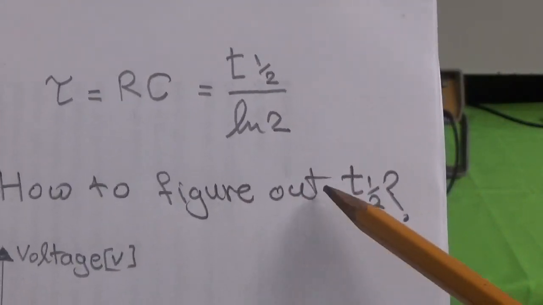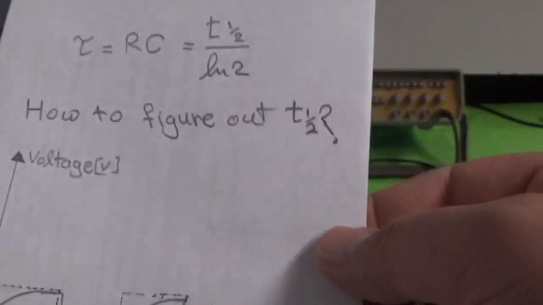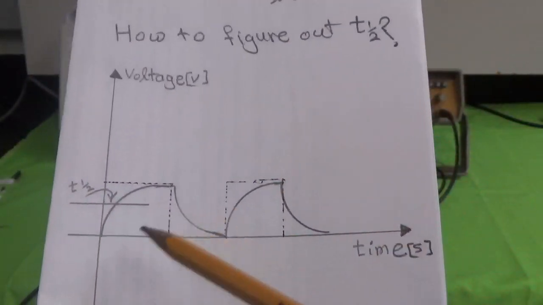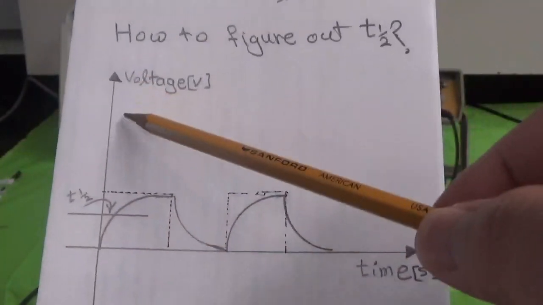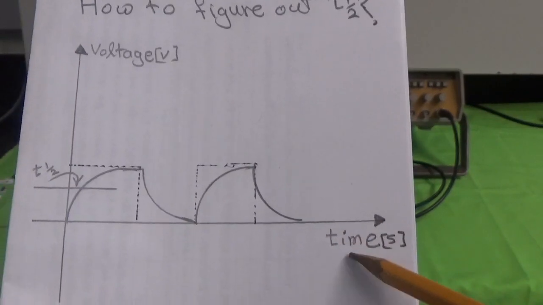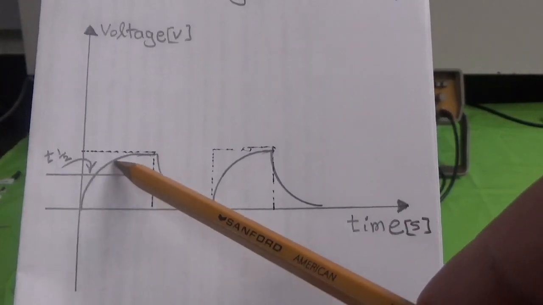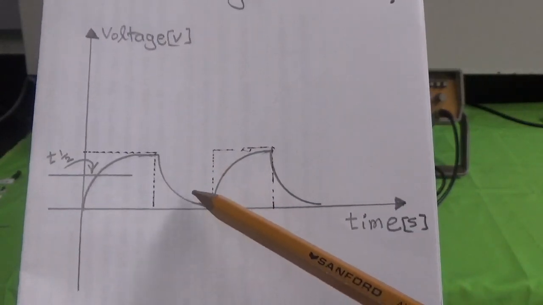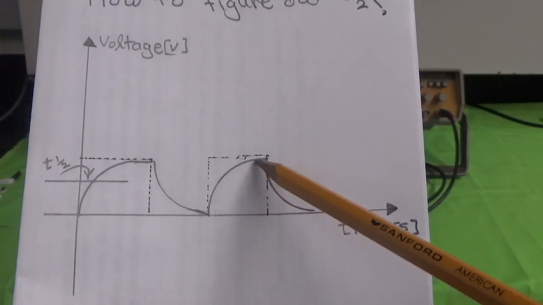So how do we figure out t half? This is the question that I will explain to you. Here we have a y-axis, which represents the voltage, and the x-axis represents the time, and you can see that we have this kind of wave. It's not a triangle wave, but you can see this shape right here.